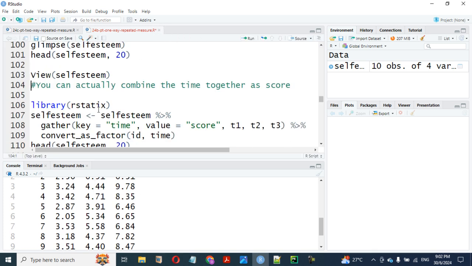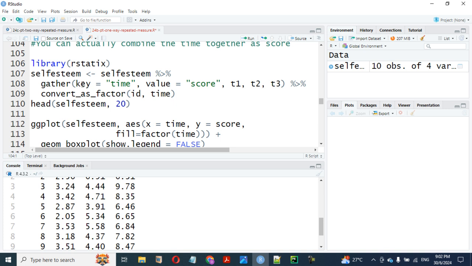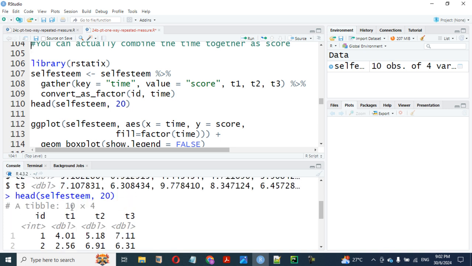All right. So here we can actually combine the times together as score. You have done that before. Just use your library arithmetics. We can use a piping here. You can gather the key called time, and score t. So you can follow the number. Remember when I was doing the first one, we used this same thing before.